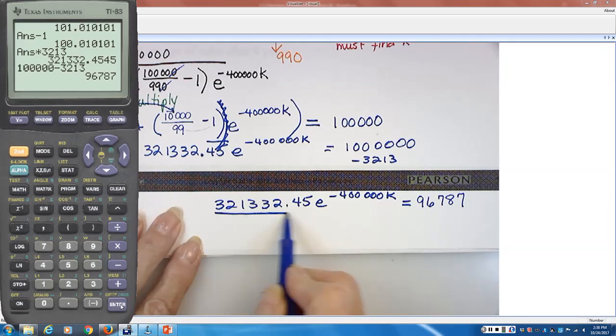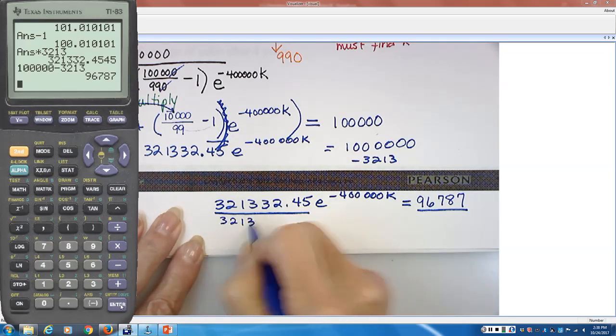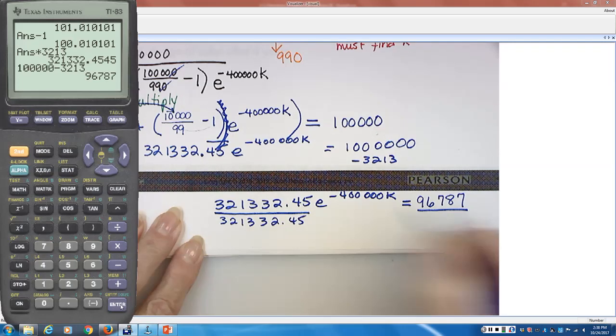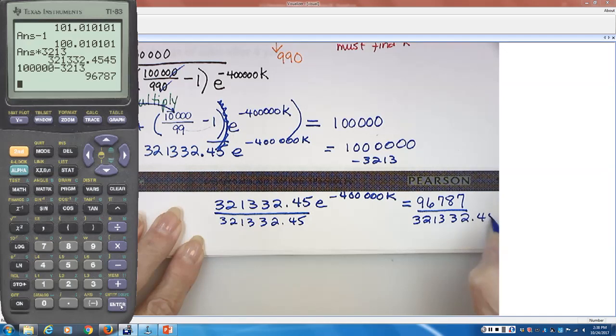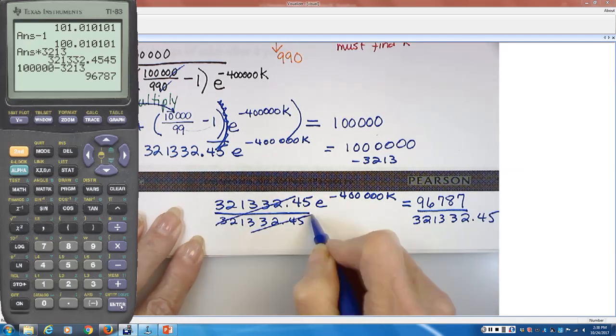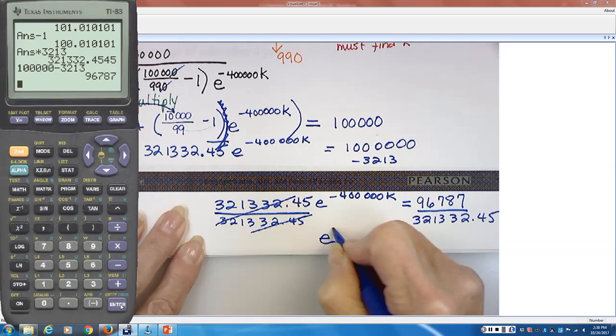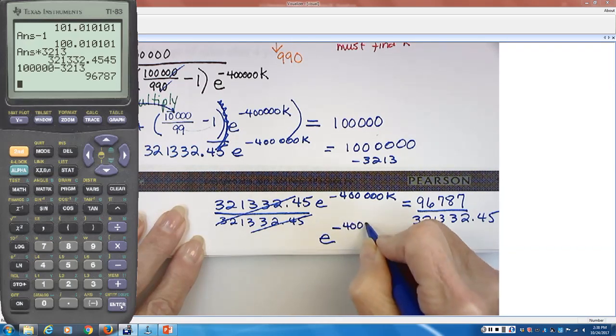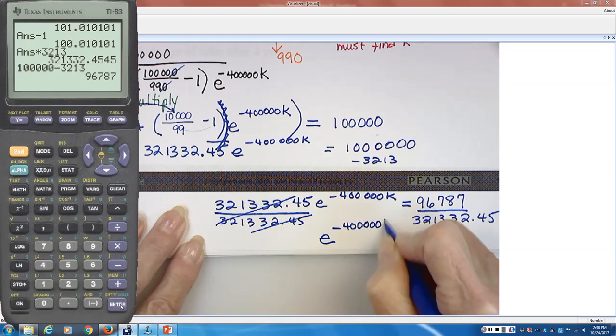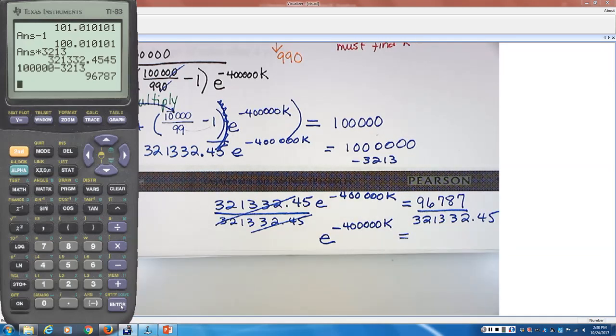Then I need to divide off this coefficient on both sides. Which will get rid of it over here and leaves me with just e raised to the power negative 400,000 k is equal to 0.3012.